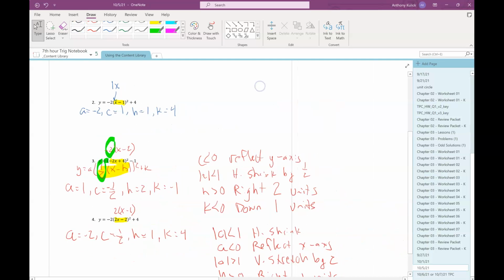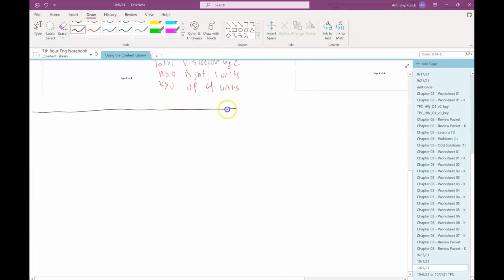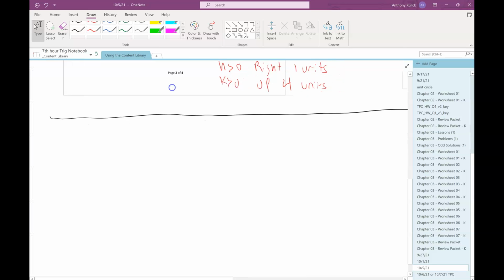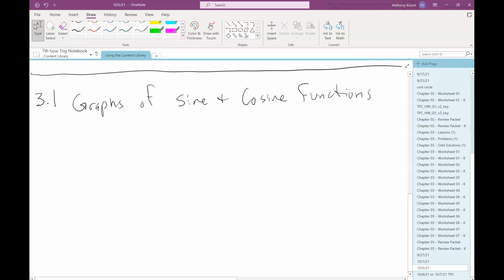Let's move this show on the road then. We're going to start chapter 3 today, and we're going to start section 3.1. So today we're going to be talking about graphs of sine and cosine functions.